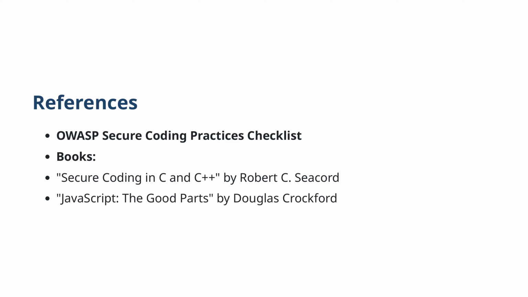Secure Coding in C and C++ by Robert C. Seacord dives into secure coding techniques specifically for C and C++. It's a must-read if you work with these languages. Additionally, JavaScript: The Good Parts by Douglas Crockford is a fantastic resource that focuses on writing cleaner and more secure JavaScript code. Both these books and resources will provide you with the practical knowledge needed to apply secure coding principles effectively in your projects. Make use of these references to ensure your code is robust and secure.